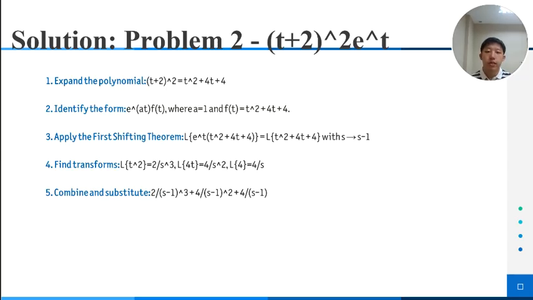We find the Laplace transform of the polynomial part, which is the sum of the transforms of t squared, 4t and 4, and then shift each term by replacing s with s minus 1.